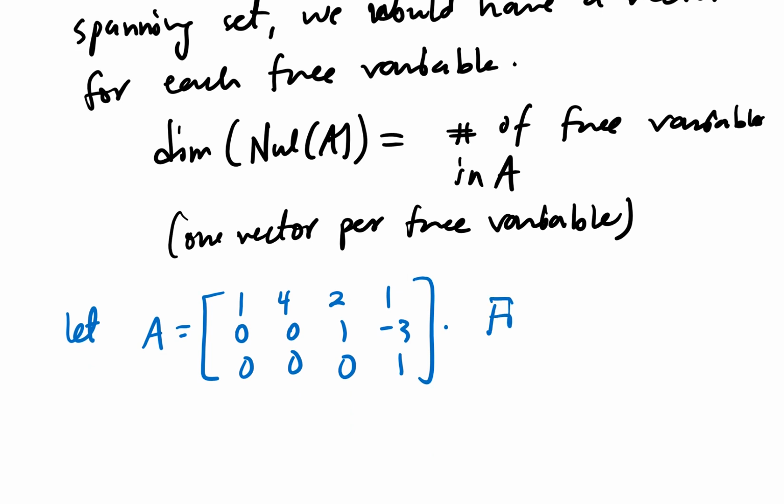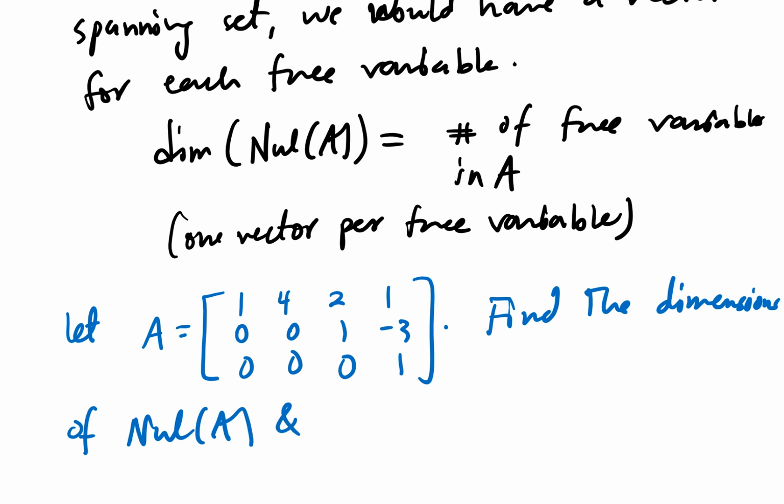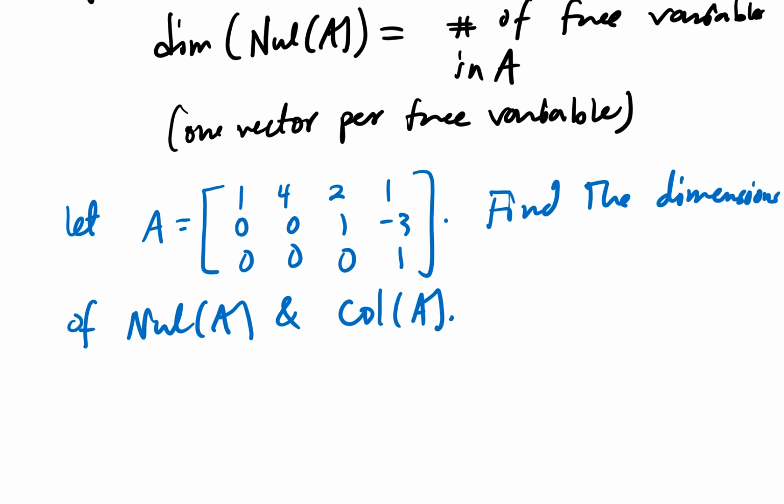Find the dimensions of the null space of A and the column space of A. So right away, notice something about this matrix. It's already in row reduced echelon form to make it easier. We don't have to do all these computational stuff.